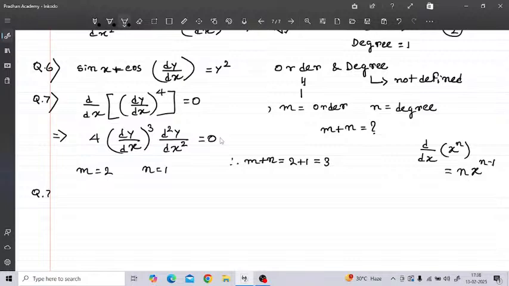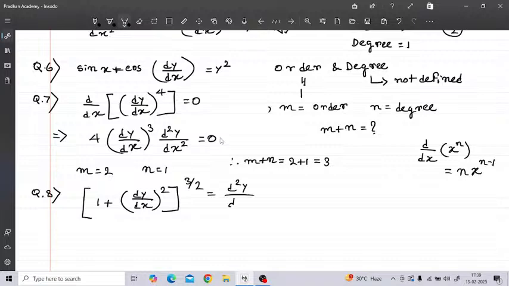Now question number 8. The degree of this differential equation: (1 + (dy/dx)^2)^(3/2) equals d2y/dx2. Now you can see this equation is not radical free, so we have to make it radical free. How?